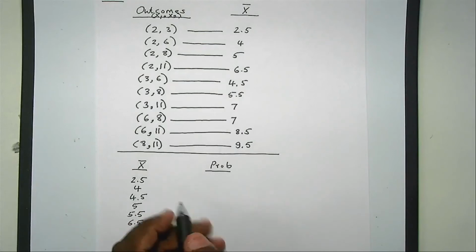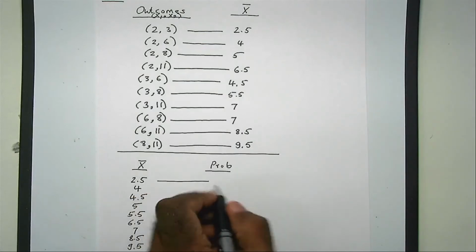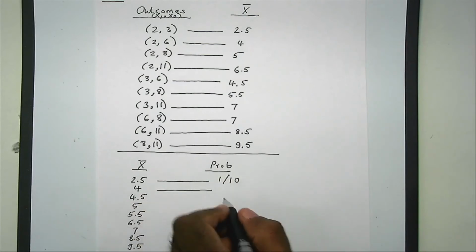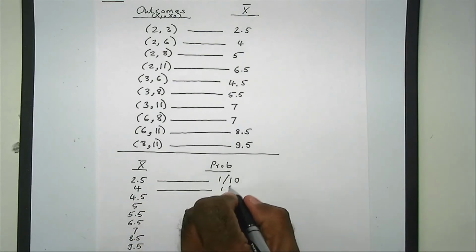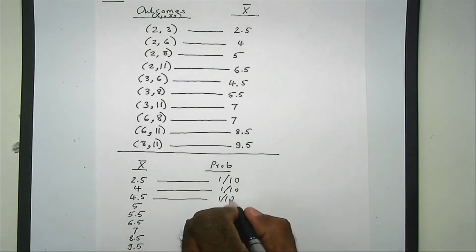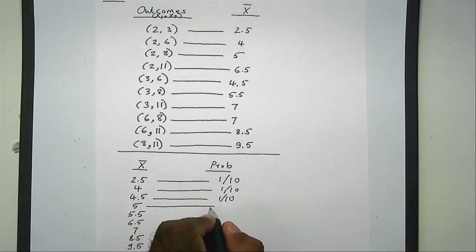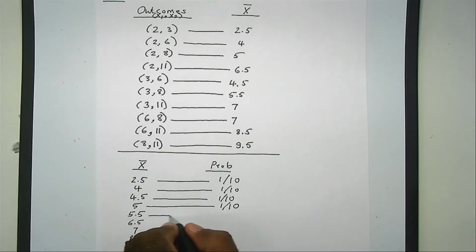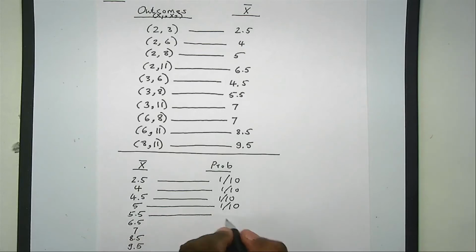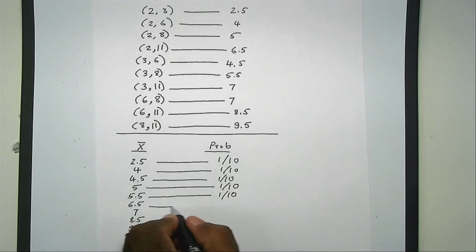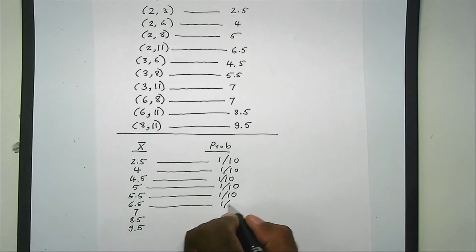So 2.5 only occurs once, so the probability is 1 divided by 10. 4 occurs once. 4.5 occurs once. 5 occurs once. 5.5 occurs once. 6.5 occurs once.